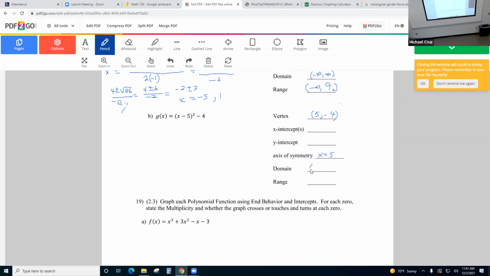The domain, like I said, for all functions except those logarithmic ones or things in the denominator, is just going to be everything. And now what we need to do is find the x and the y intercepts. It's a little bit harder with it in this one. You got the vertex handed to you.